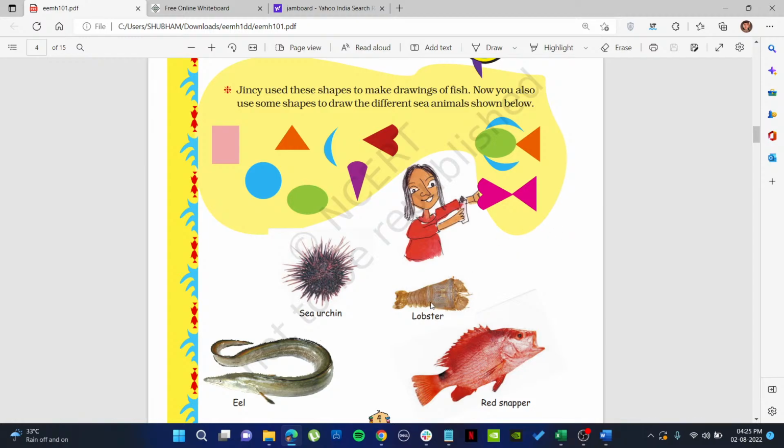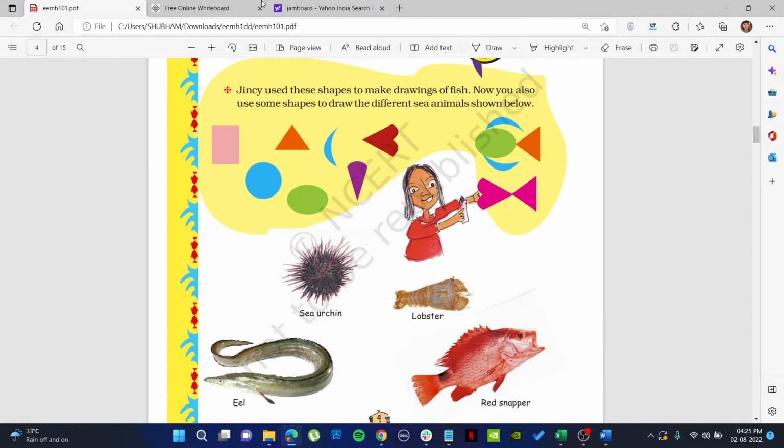If we have to draw a lobster, we can use a triangle, okay? Because if we look at this shape from here to here, it looks like a triangle. And when it comes to the front shape, for that we can use a circle, or we can say a half circle.